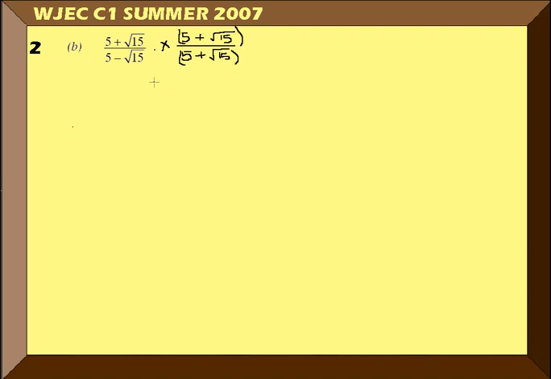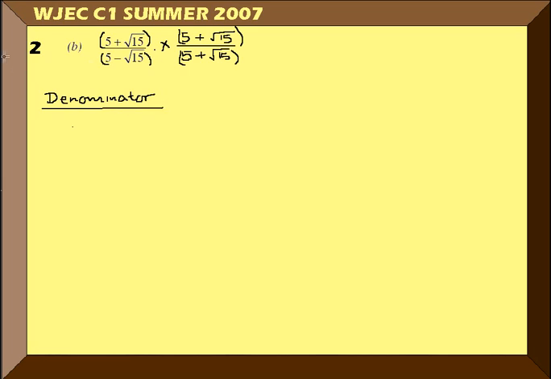Now the skill that we'll be using is that of multiplying up the brackets. So if we take the denominator, the denominator is always going to have the difference of 2 squares.